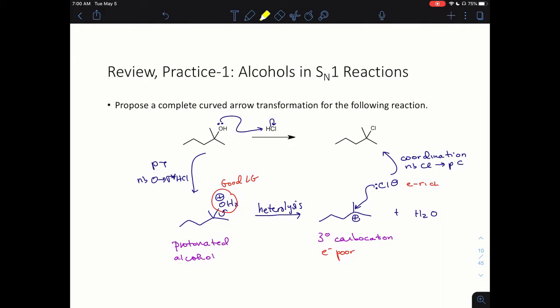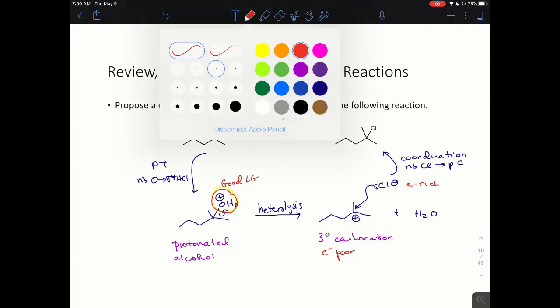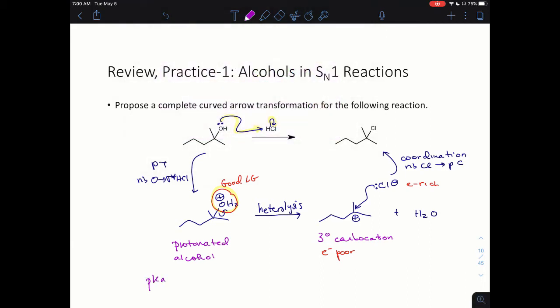All right, again, we have a strong acid. We're going to protonate something, and we protonate the alcohol to generate water, which is a good leaving group. Protonated alcohol, you would never propose it as a product, right? It has a pKa of -2, and it's reactive, it's electron poor. So it's going to react, and it undergoes this heterolysis step where the water leaves.